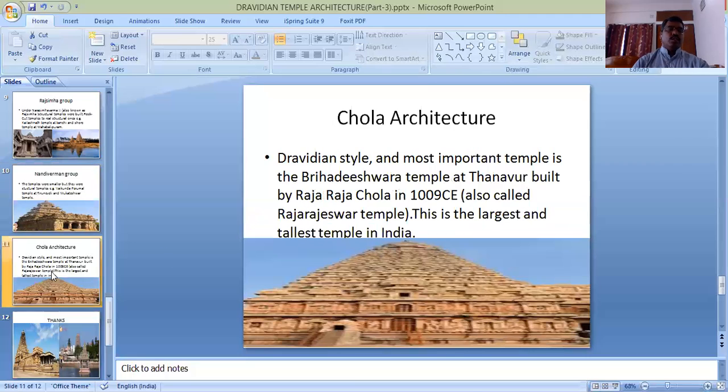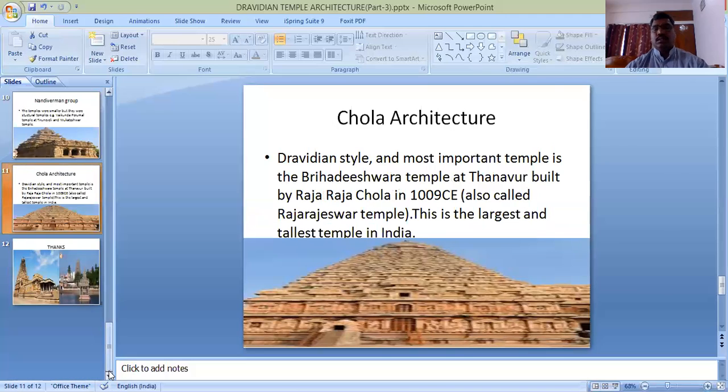And then Chola architecture, it is also South India architecture and also Dravidian style, and the most important temple is Brihadeeswara Temple at Thanjavur, built by Rajaraja Chola in 1009 CE, also called Rajarajeshwar Temple. This is the largest and tallest temple in India.